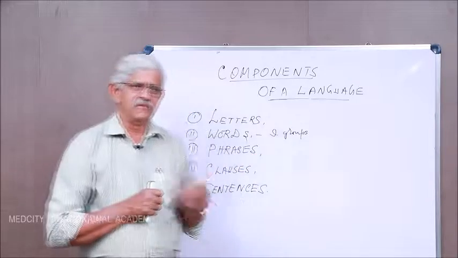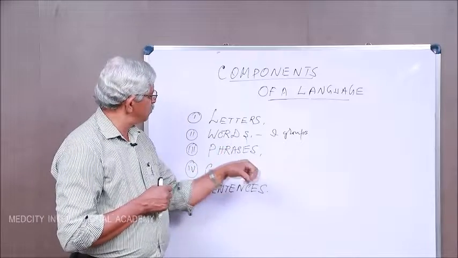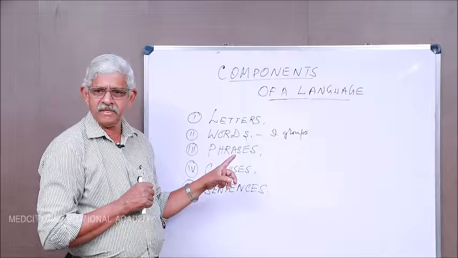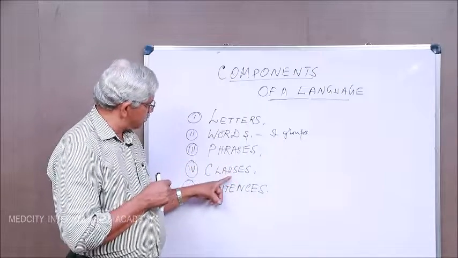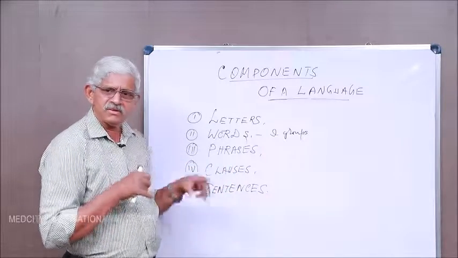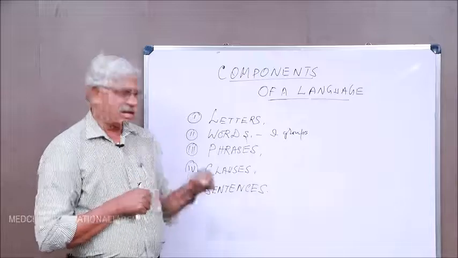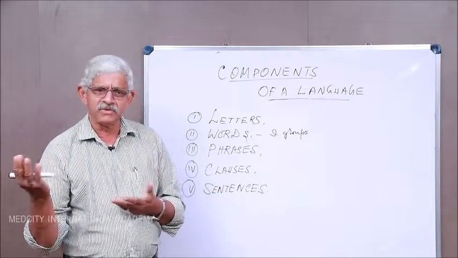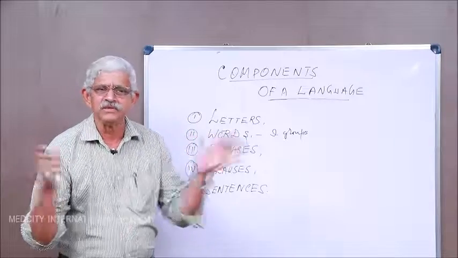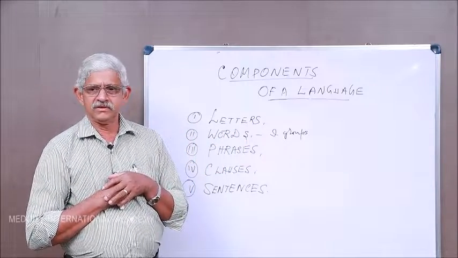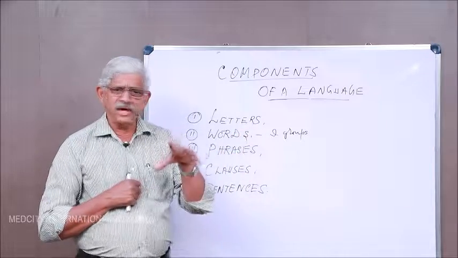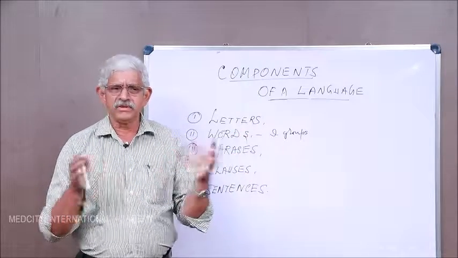When we use 2 or more words to make a phrase, it gives some meaning. When we use 2 or more words to make a clause, it gives some meaning. And finally, when we make 2 or 3 or 4 words, any number of words, to make a sentence, it gives complete meaning.